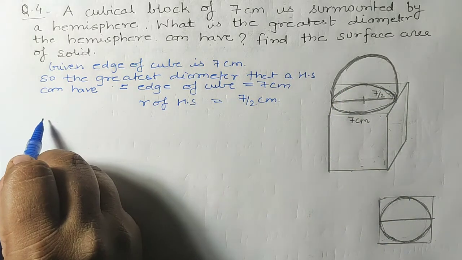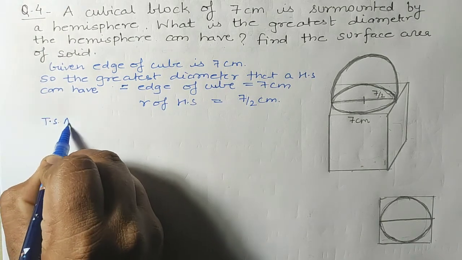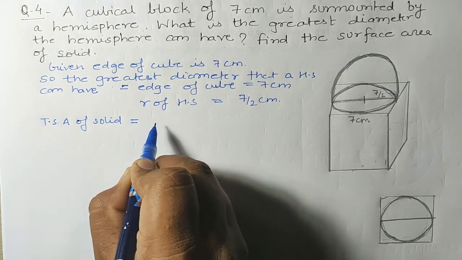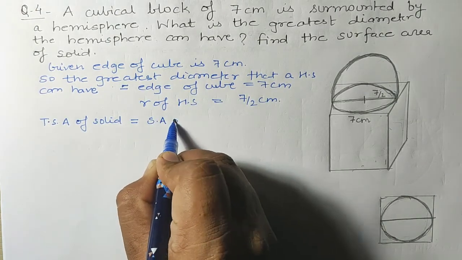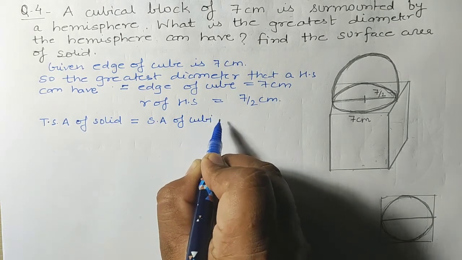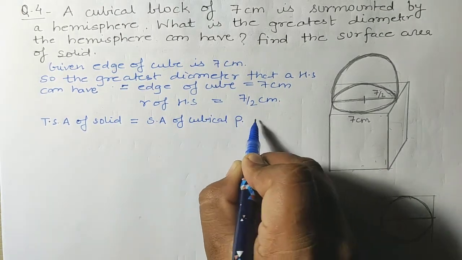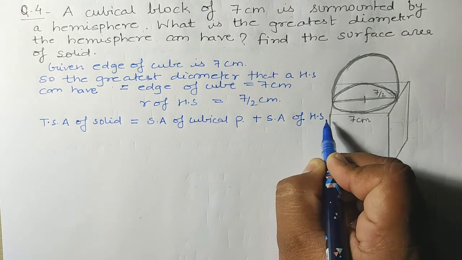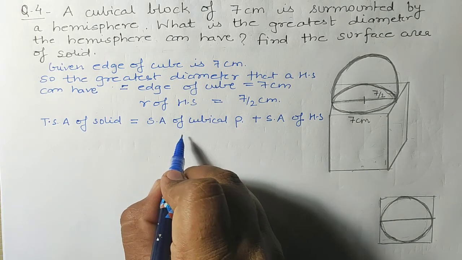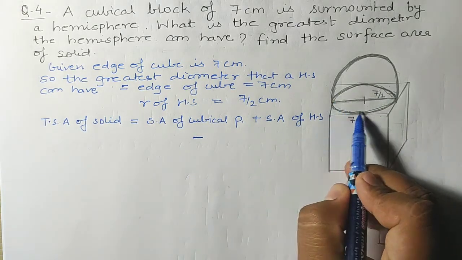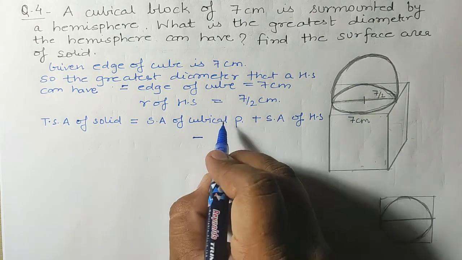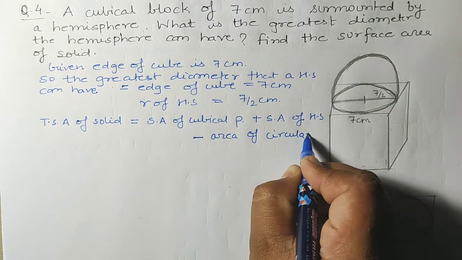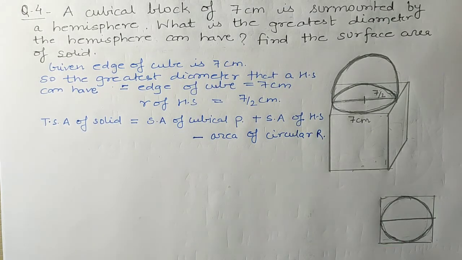Basically what I want to say is that the total surface area of the solid will be equal to the surface area of the cubical portion, plus the surface area of the hemisphere, minus the area of this circular region.